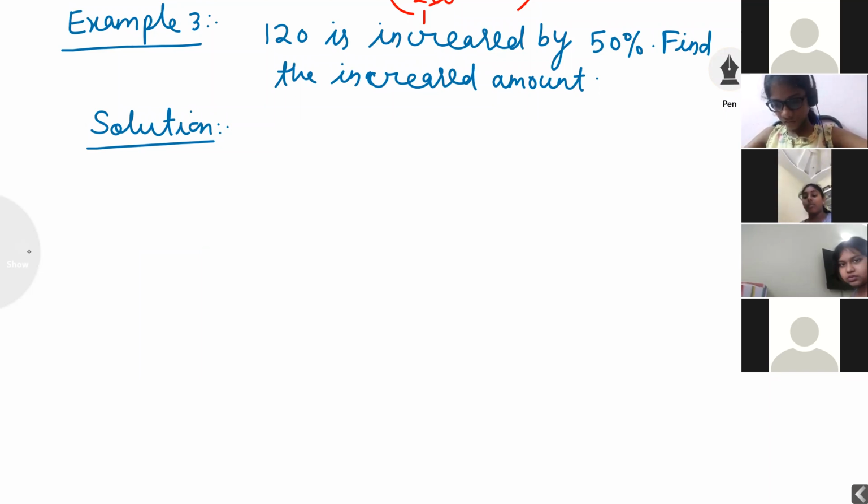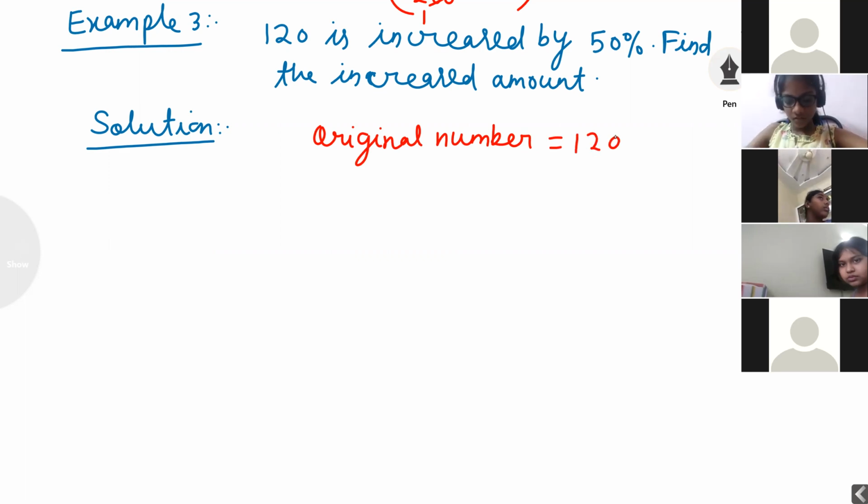One formula is there: increase is equal to increased percentage of original amount. In this, the original number is what? 120. Increase percentage is equal to 50%. He is asking the increased amount.